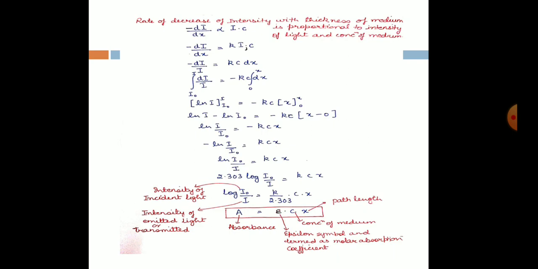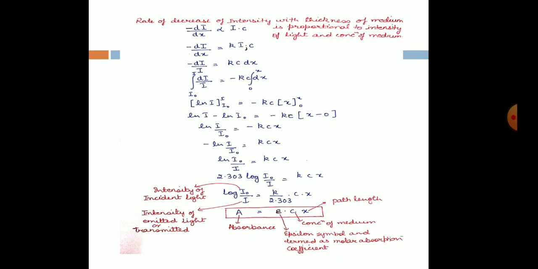Now if we keep the path length constant, then we can see that A is the absorbance of the sample. What is A? A is log I naught by I, so it can be substituted by a simple alphabet, that is A, and A stands for absorbance.